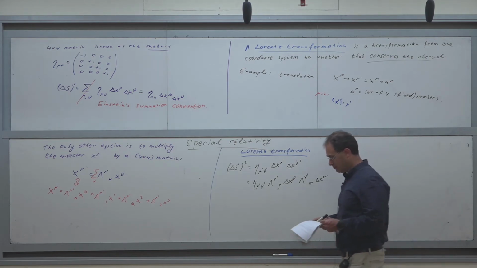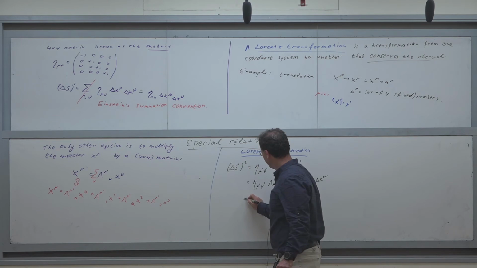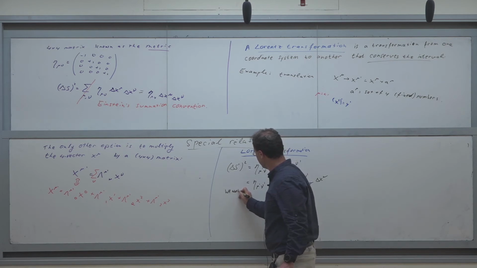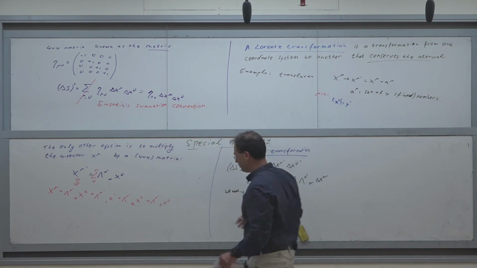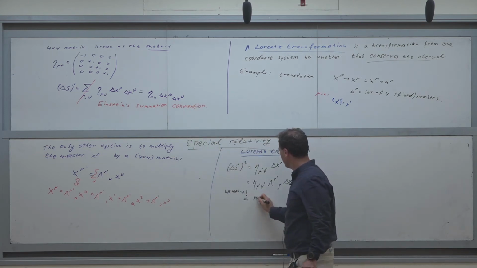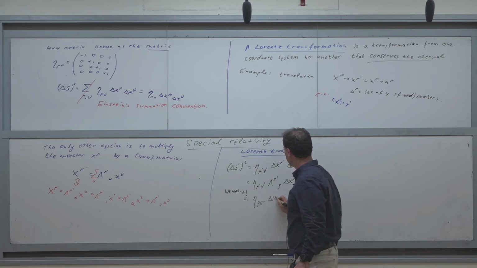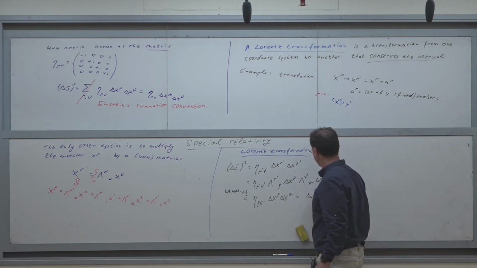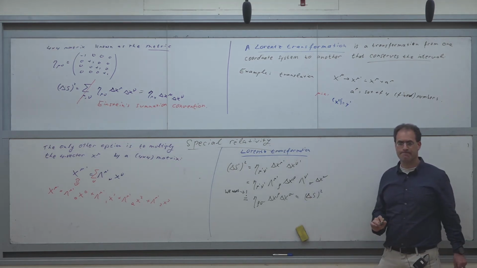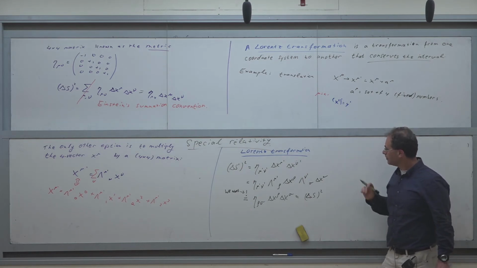Okay? Now, we want that to be equal to, so we demand that this is equal to delta S, the interval, and the interval is just eta rho sigma delta x rho delta x sigma. Just delta S. Okay, careful attention.